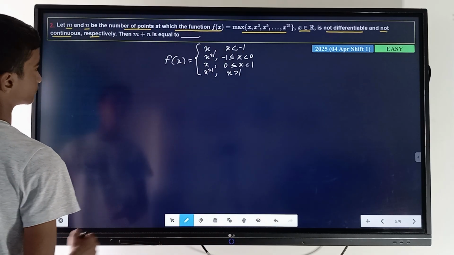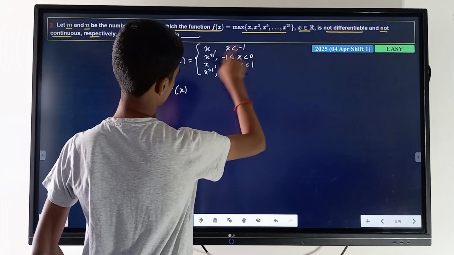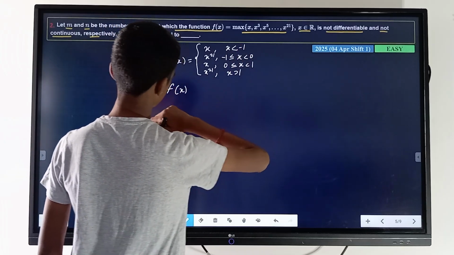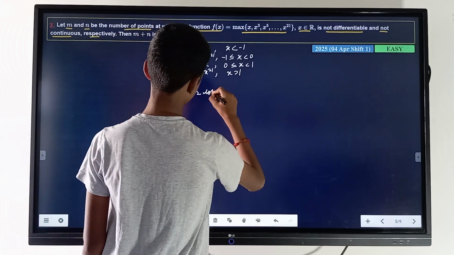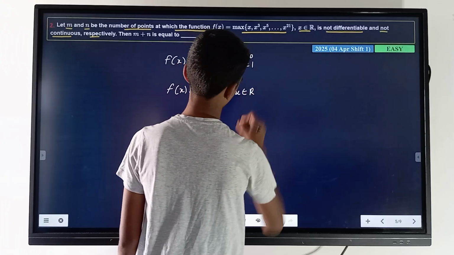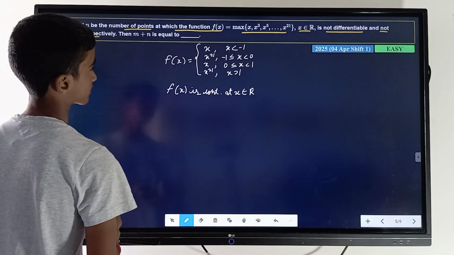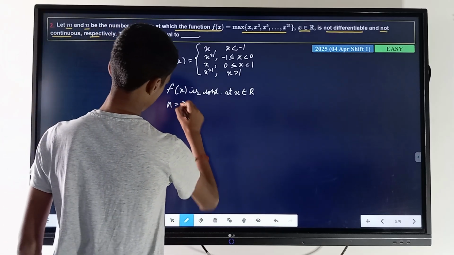So from here we can see f of x is continuous at minus 1, 0 and 1. So we can say f of x is continuous for x belongs to R, all real numbers, and not continuous is n. So our n is equal to 0.